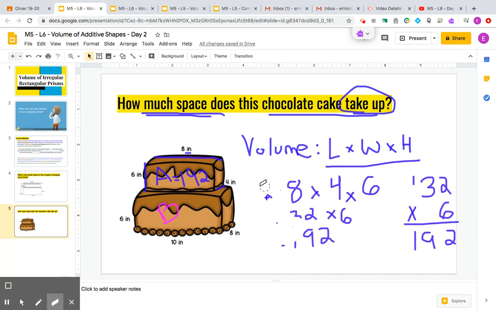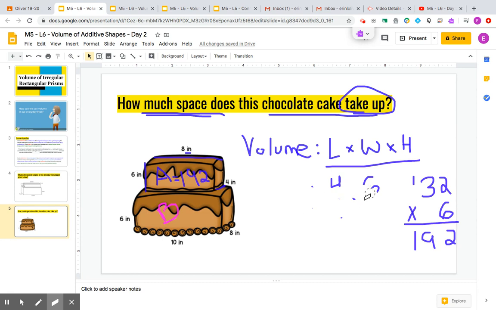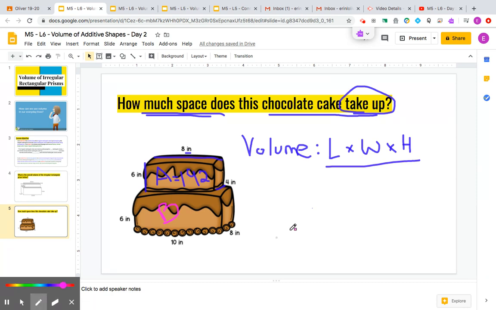But now we need to find how much B is, how much volume that bottom layer takes up. Quickly to yourself, figure out what would be the length, the width, and the height. See, volume of B, we're going to have length is 10.